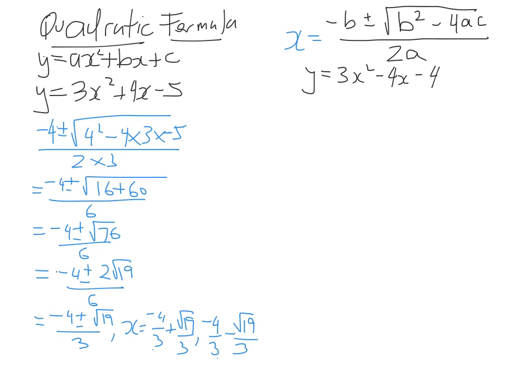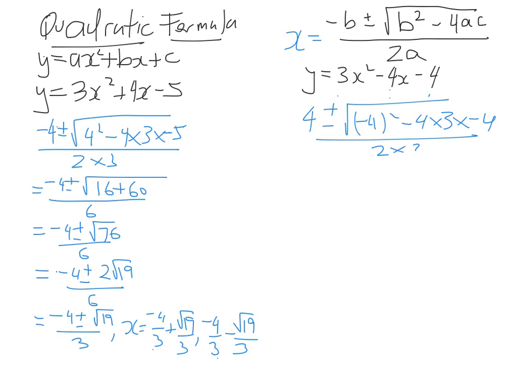Now looking at this one here, we've got 3x squared minus 4x minus 4. Same deal, we just apply straight in. So negative 4, negative times negative makes positive, so we've got positive 4 plus or minus the square root of negative 4 all squared minus 4 times 3 times negative 4, all over 2 times 3.